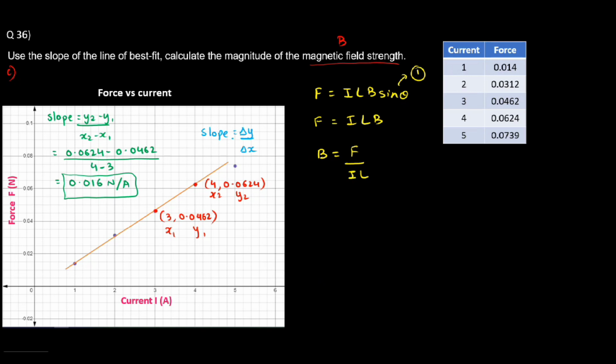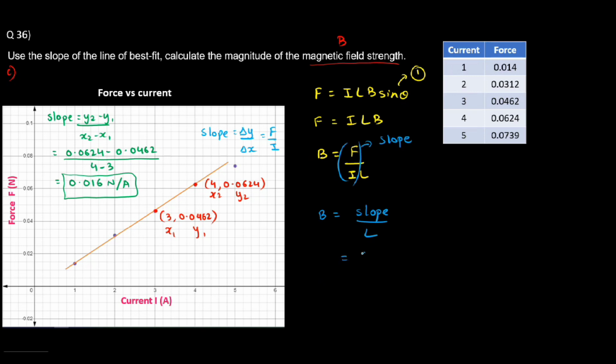Along my y-axis, I have force, and along my x-axis, I have current. So this quantity F over I here is my slope. So I can write this F over I as slope, and we get the expression for magnetic field strength as slope over L.